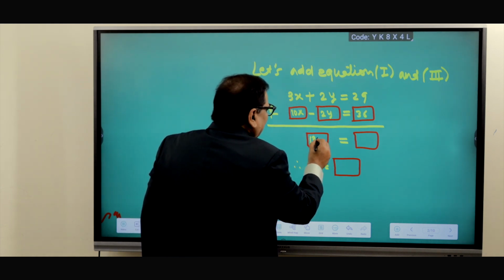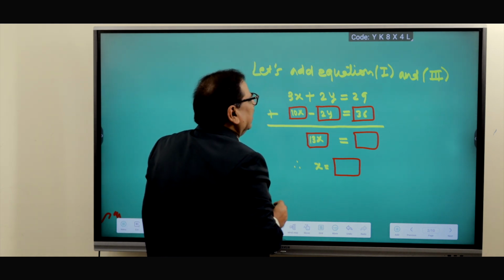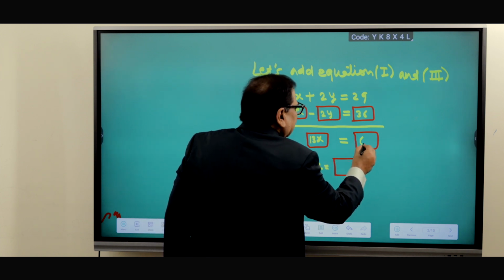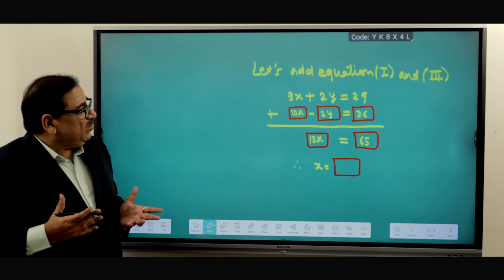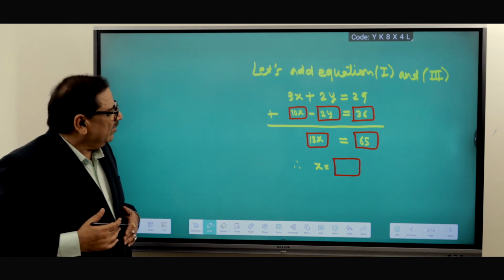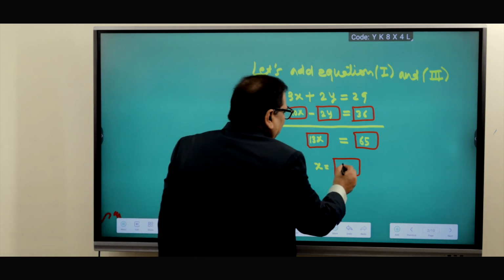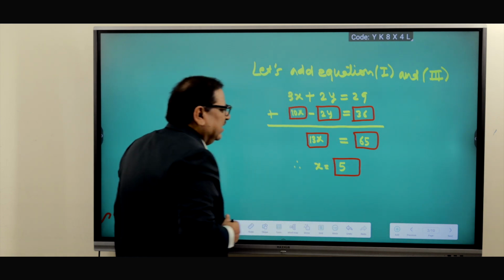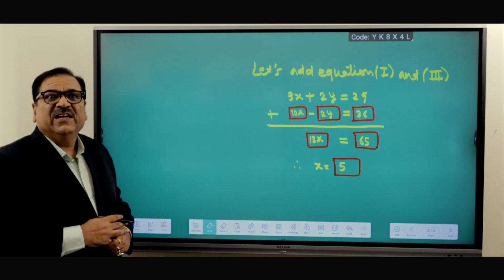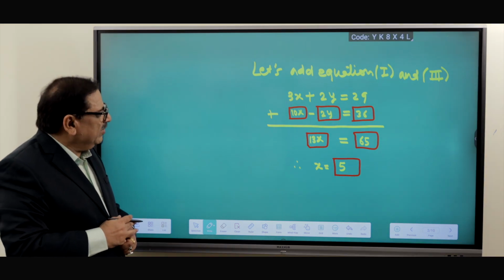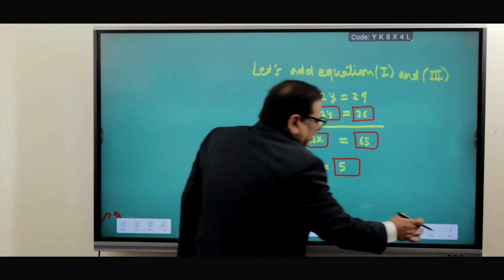So 13x is equal to 65. Dividing both sides by 13, we get x is equal to 5.